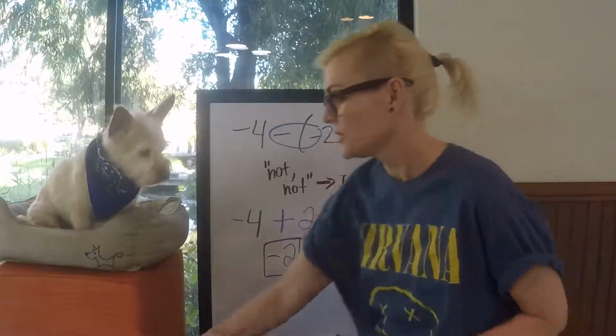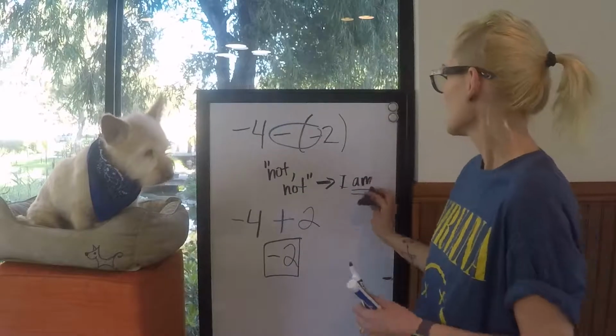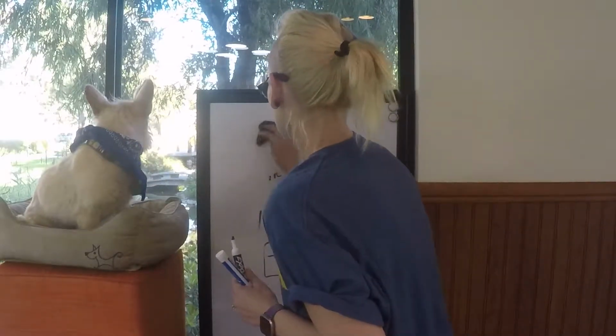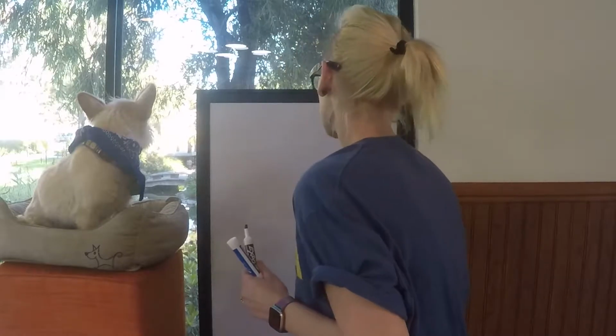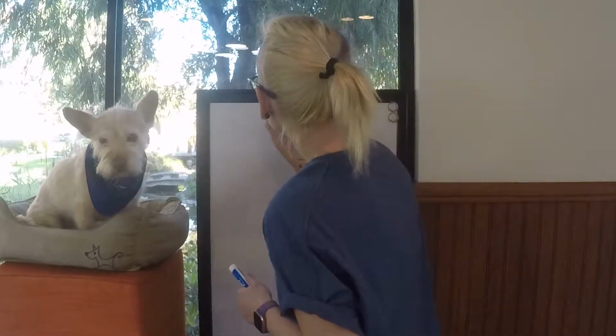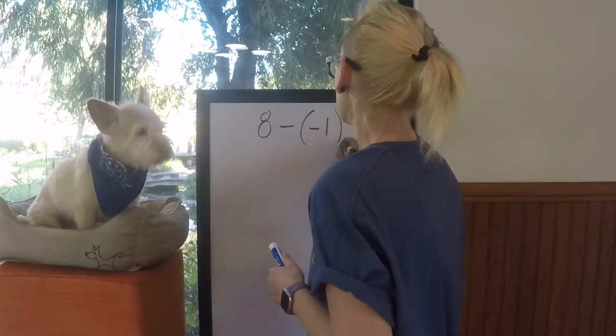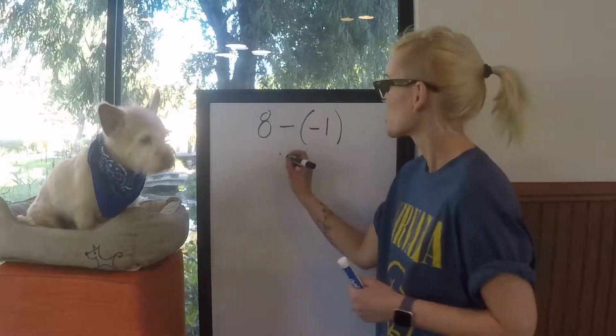Okay, so mathematically, let's also look at this problem. Another way to look at this is subtraction means difference. So if I'm saying what's the difference of 8 and -1, I could draw a picture.